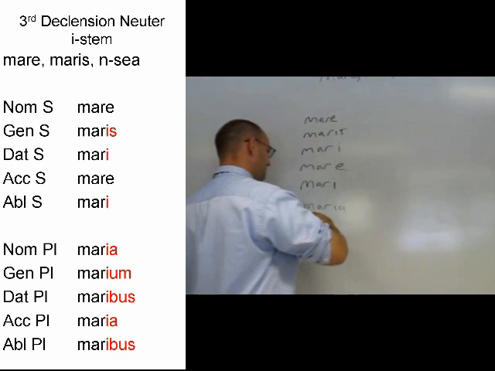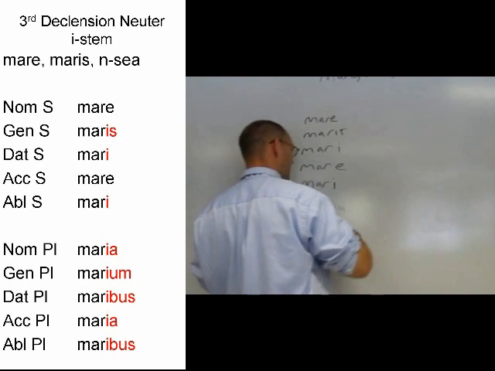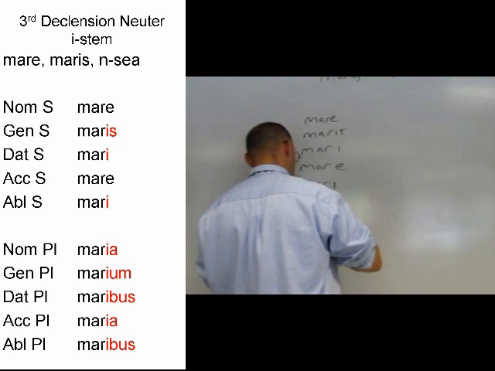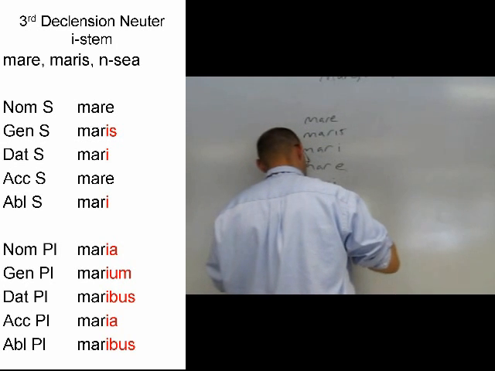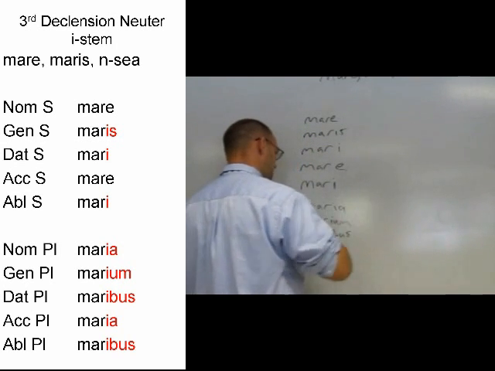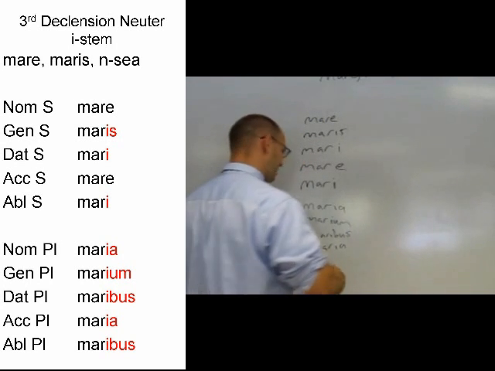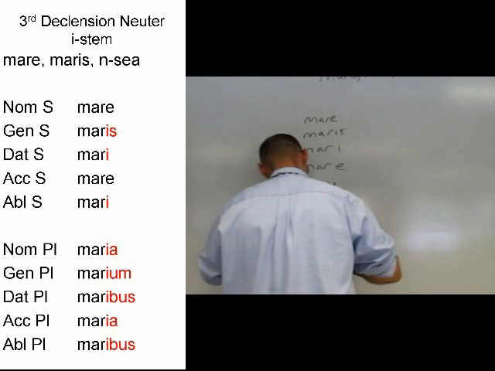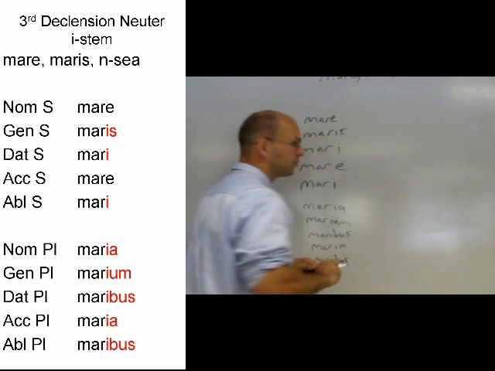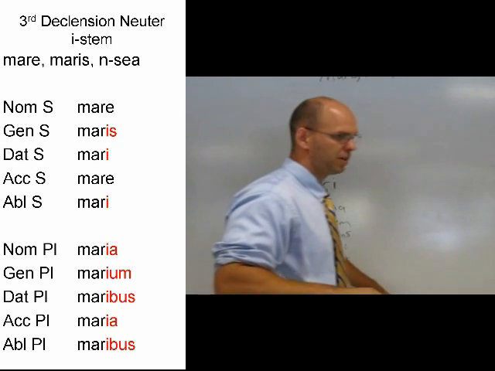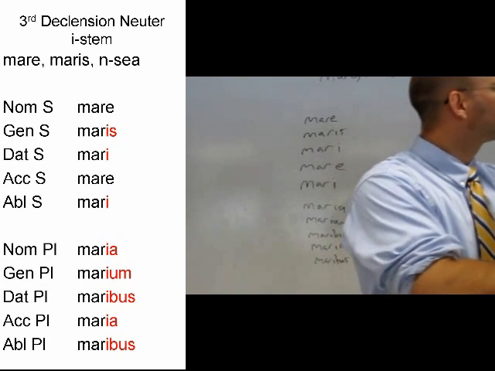And then, remember what makes it an I stem is its genitive plural. It's marium, maribus, neuter law, nominative same as accusative, maria, and then maribus. As we go through. So any questions on this?